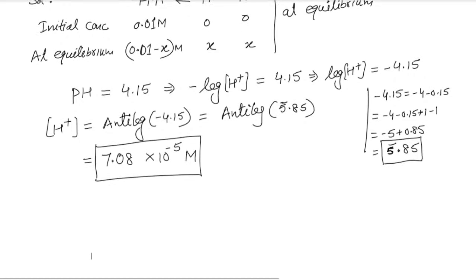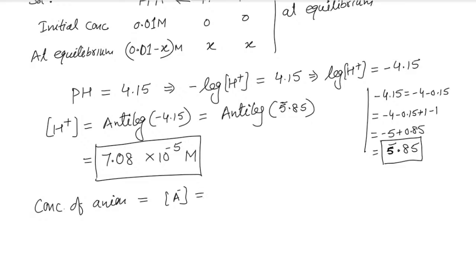So the concentration of A negative ion is equal to 7.08 into 10 raised to power minus 5 molar, because the concentration of H plus and A negative is the same.